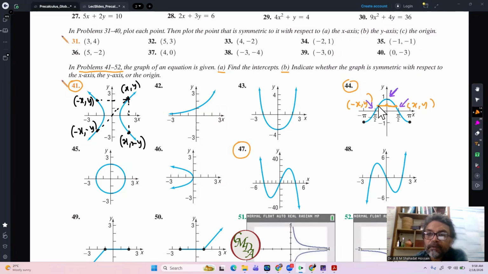So this is symmetric with respect to the y-axis. Likewise, (pi/2, 0) has also a point (-pi/2, 0). And it is only symmetric with respect to the y-axis. So for part B, you can write here.